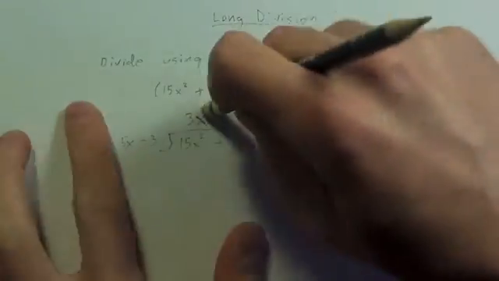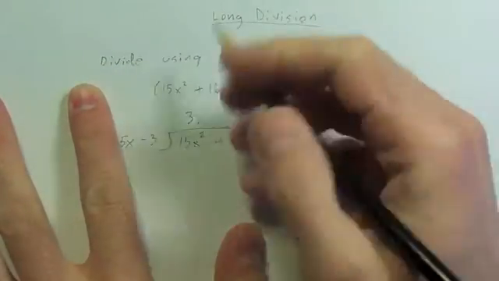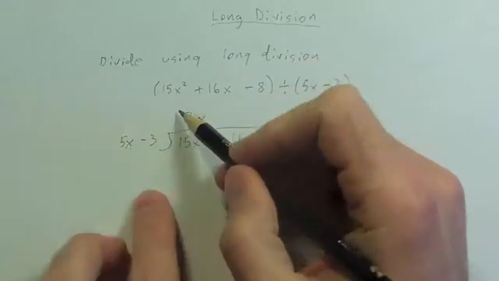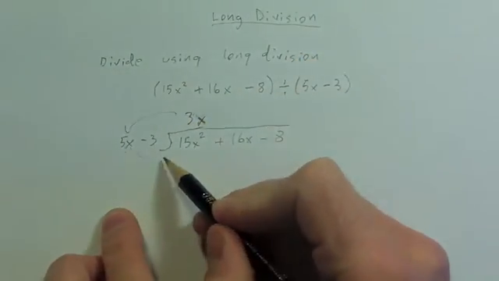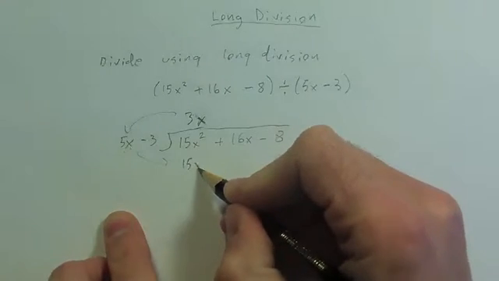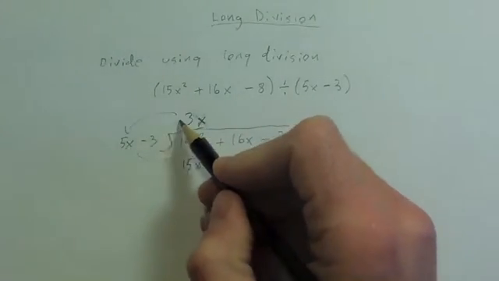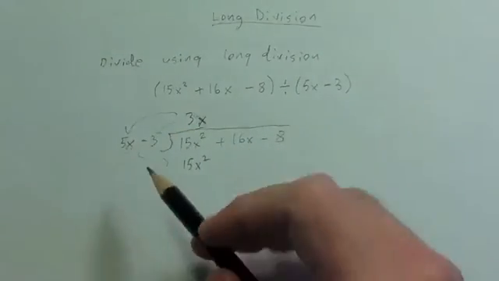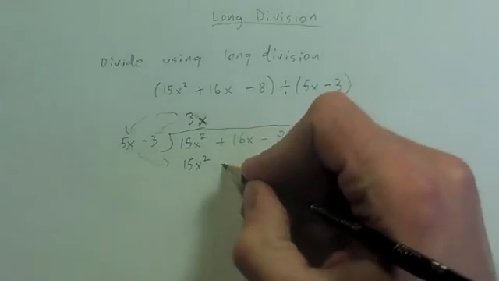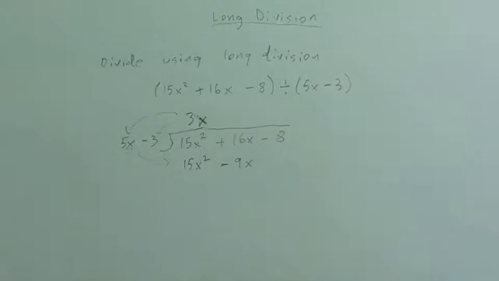So 3x is what I multiply 5x by to get 15x squared. We also multiply it by the whole thing, so the negative 3 as well, and I get a negative 9x.